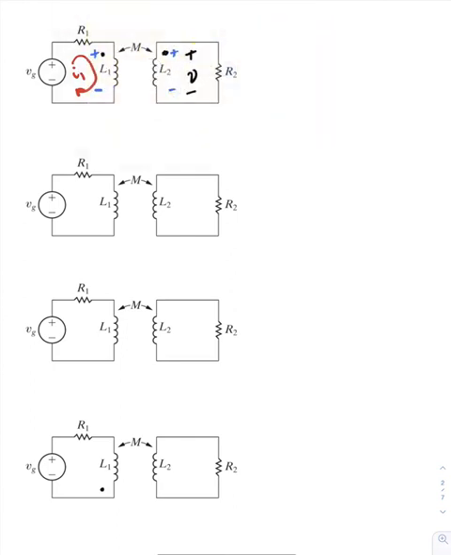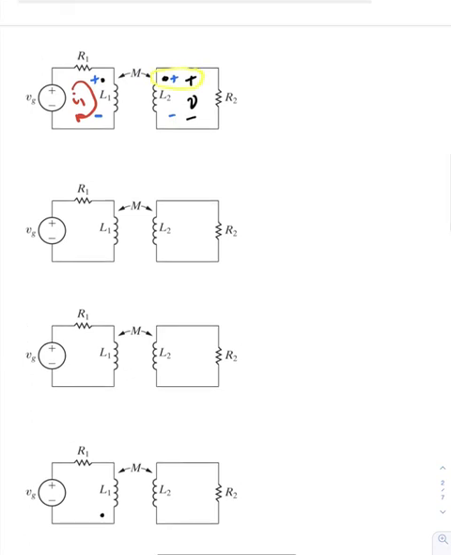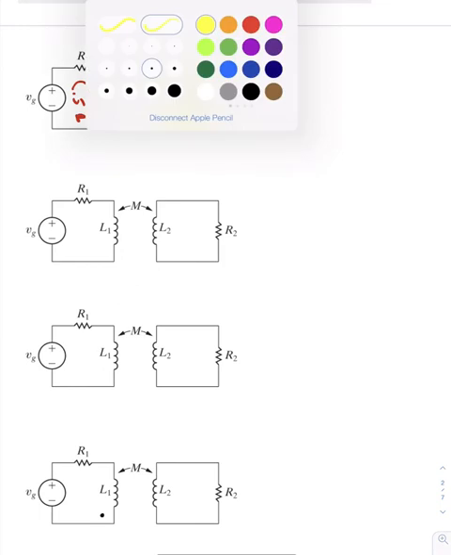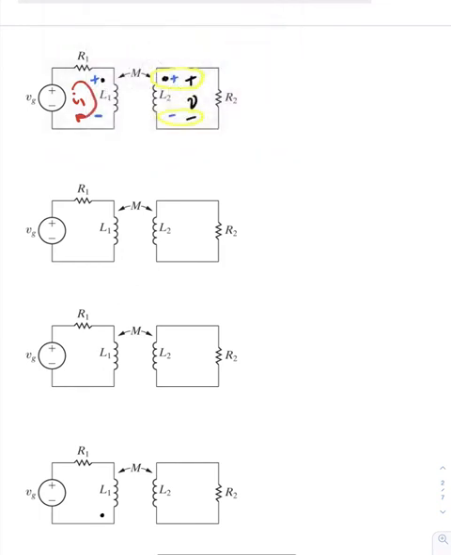This aligns with our reference for our voltage, which means that V2 would be equal to its self-induced voltage caused by current 2 plus the mutually induced voltage caused by current 1.